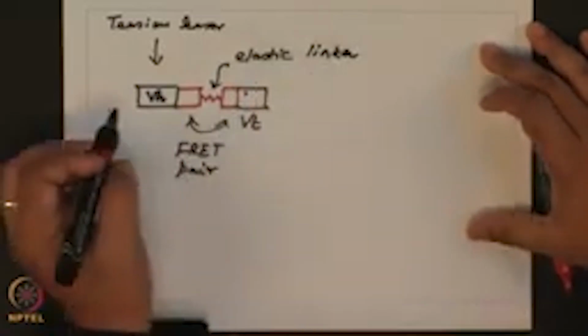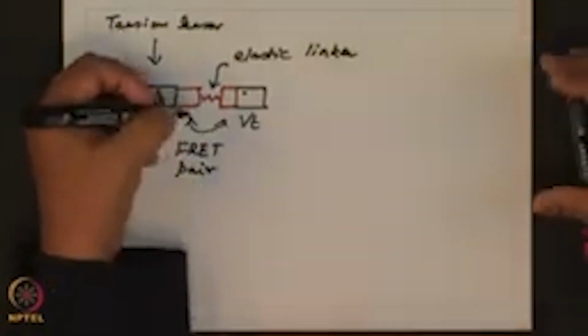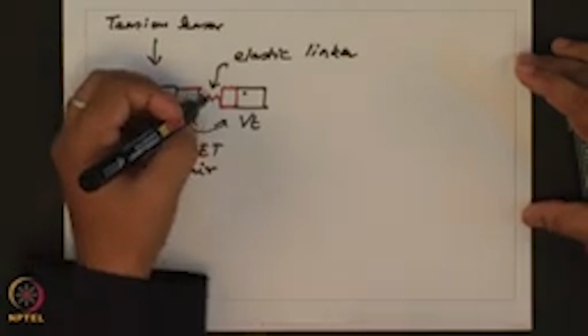So, the head and tail domain are connected by this construct, or a tension sensor, which has an elastic linker in between.